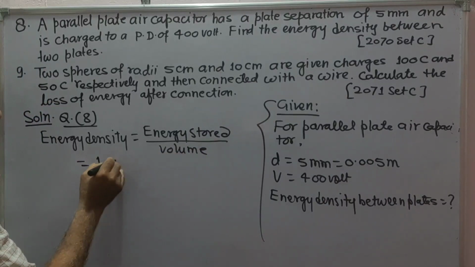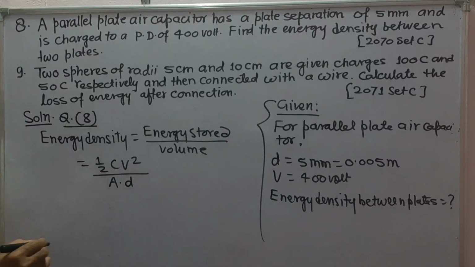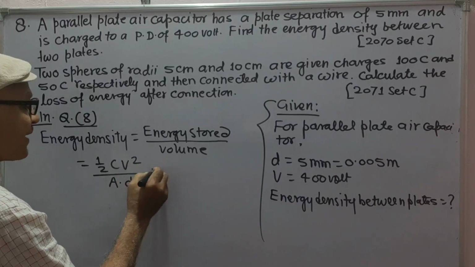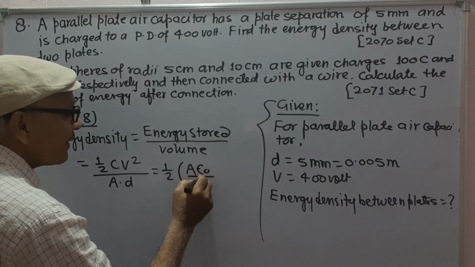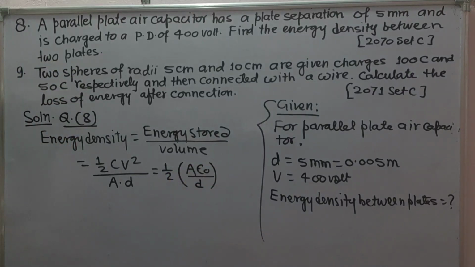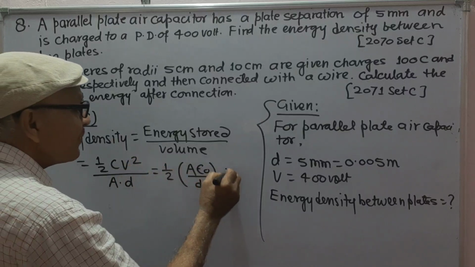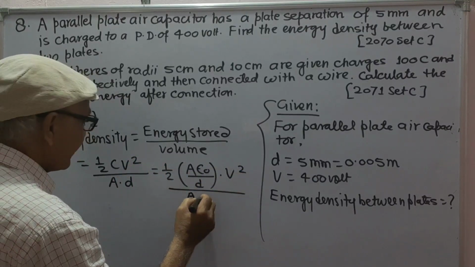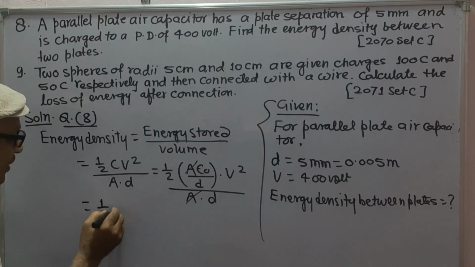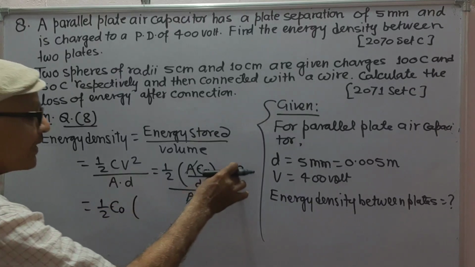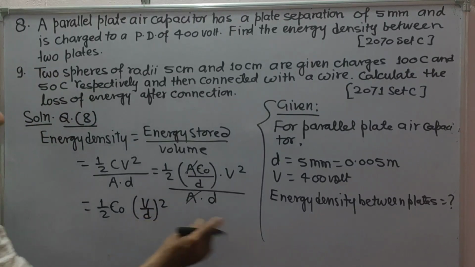Energy stored is half CV square and volume is area into separation, means A into D. Again for a parallel plate capacitor, C is given to be A epsilon naught upon D, where A is the area of each plate and D is the separation between them, into this V square upon A into D. A gets cancelled, so we get 1 by 2 epsilon naught V square upon D square, means V by D whole square. Now values are known.